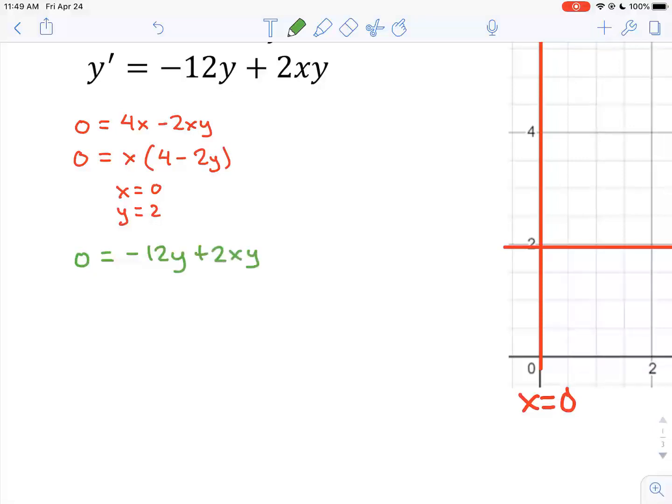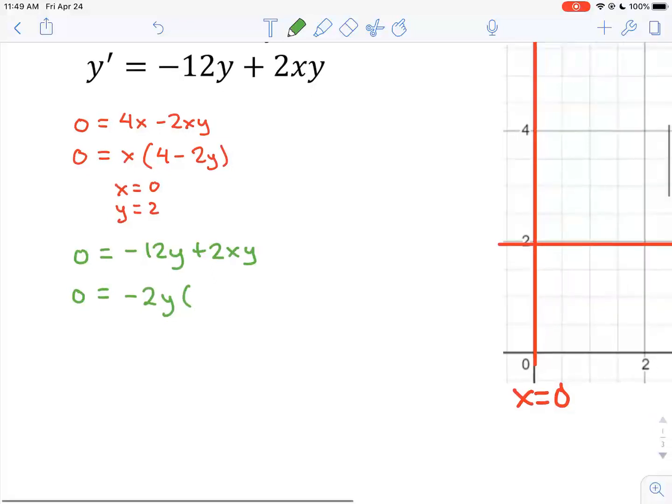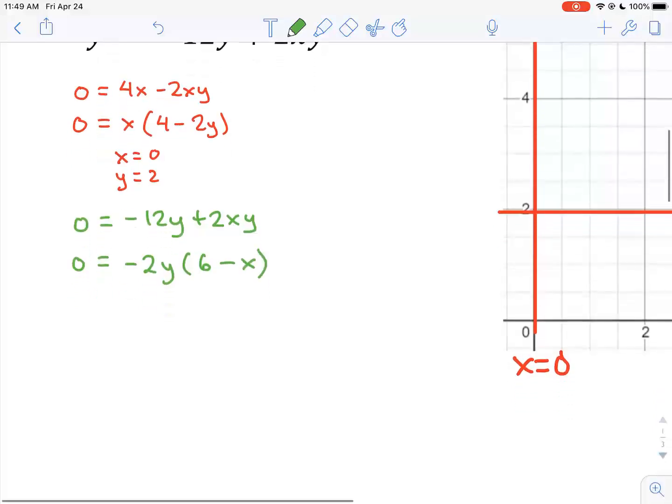Again, I'll do some factoring. I see a y can factor out. I could also pull out a negative 2 if I wanted, but it doesn't really matter. I'll go ahead and do it this time. So negative 2 times y will be factored out. And then that leaves a positive 6 minus an x. So the two solutions I see here are y equals 0 and x equals 6.